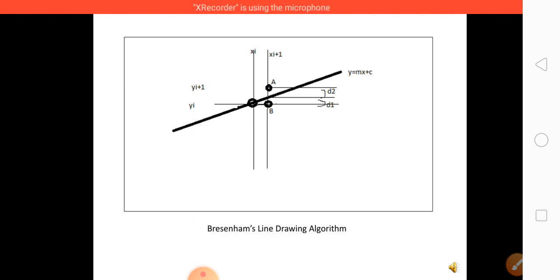Okay. For now, remember this, the idea for Bresenham's algorithm. For each step, we need to determine next x value and next y value. How can we determine them? We need to calculate D1 and D2, and compare D1 and D2.